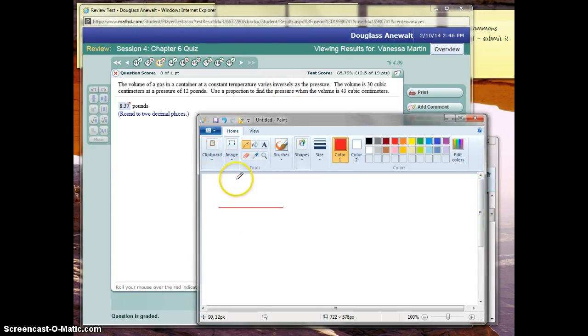So on the first one, the proportion needs to be set up a little different. On the first one, we're going to want to do volume. And so for inverse proportions, you do all of the same type of unit on the first one, and then the other one is pressure. So I'll put a PR here for pressure.